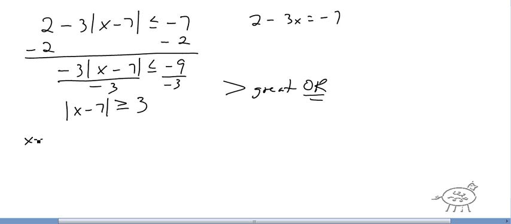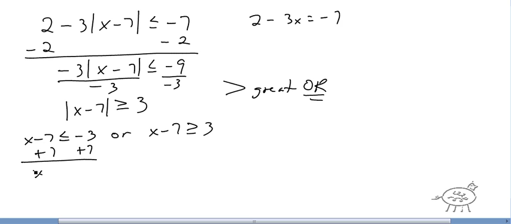So it's x minus 7 is less than or equal to negative 3, or x minus 7 is greater than or equal to positive 3. So we add 7 to both sides, and we get x is less than or equal to 4. We add 7 to this side, and we get x is greater than or equal to 10.